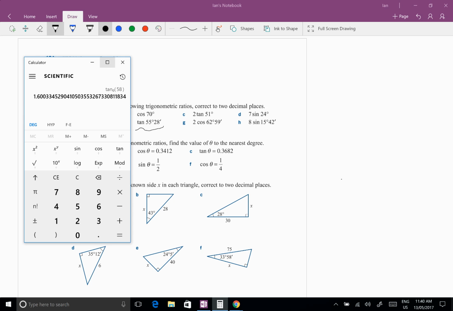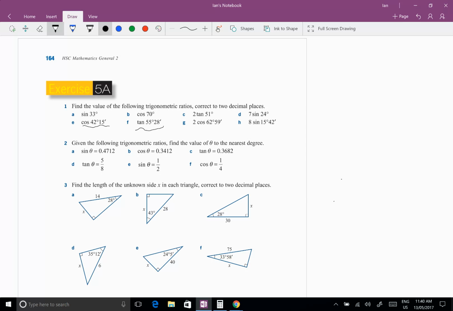If I go sine or cos, so for example, sine 60, I get a number less than 1. If I go cos 60, 0.5. I'll always get an answer between 0 and 1.